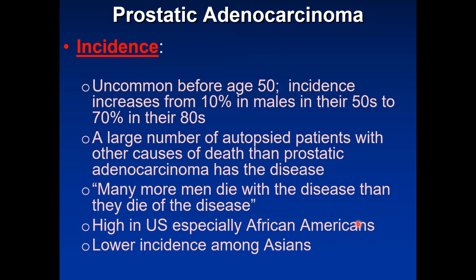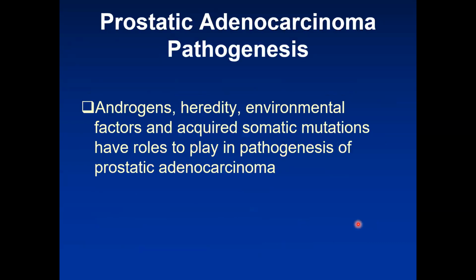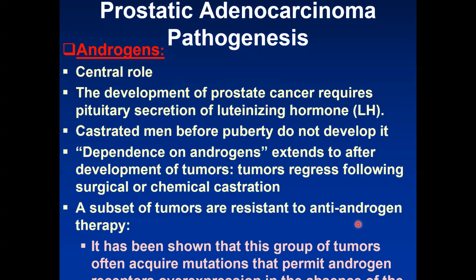I told you the white race is actually a protective factor. So this is something to definitely keep in mind. Now, other than race, what are the other risk factors in this case? Other factors include androgen, as we have talked about, the most prominent, the most important, heredity, environmental factors, and the rest. So let's talk about them.